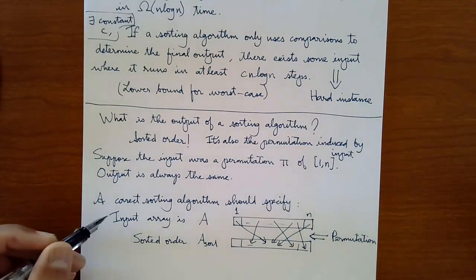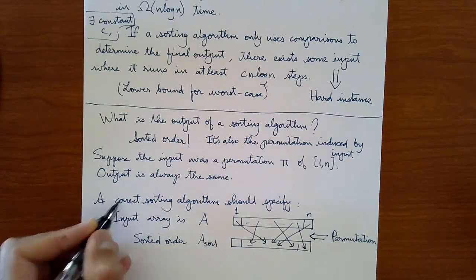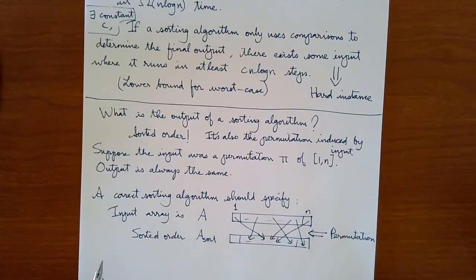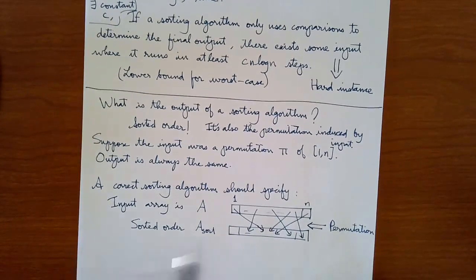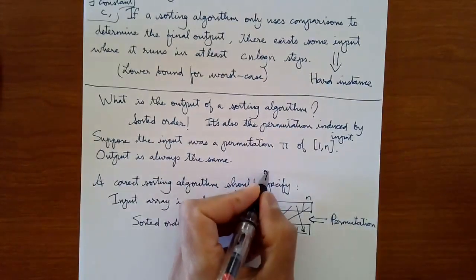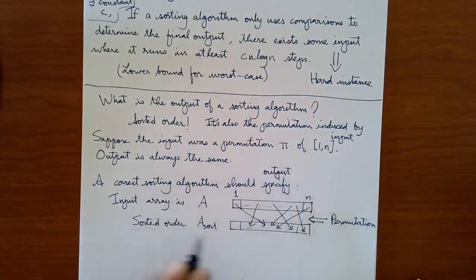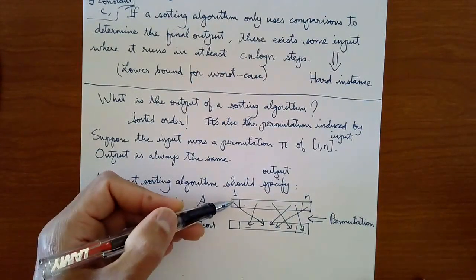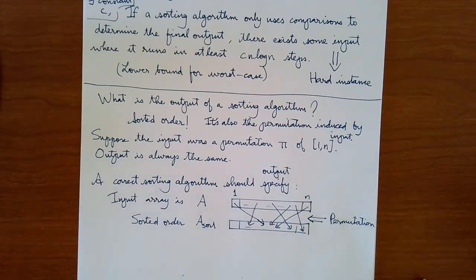So I could say a correct sorting algorithm should actually output this permutation. Not just the sorted order, but it's also really telling you where each input index should move.